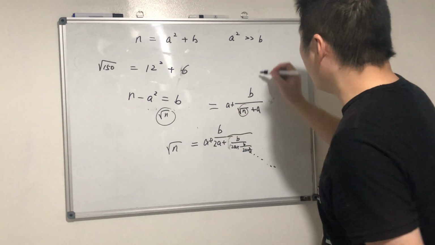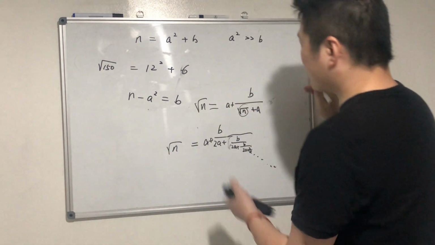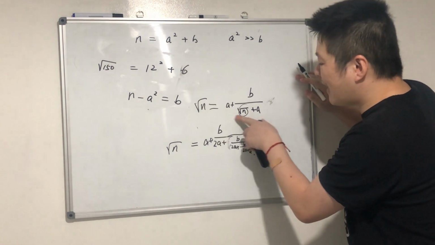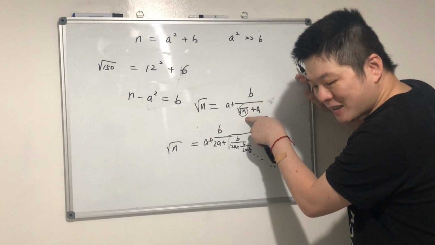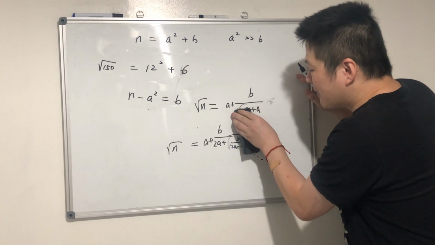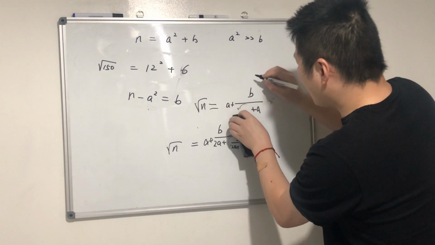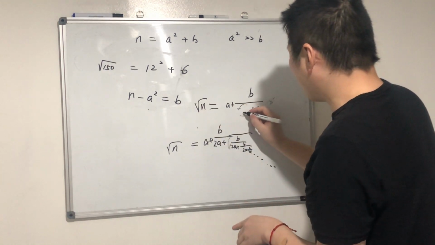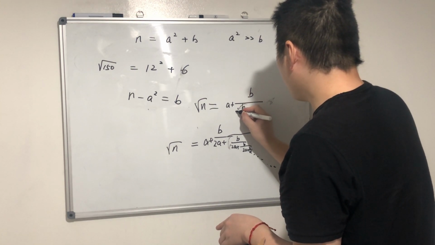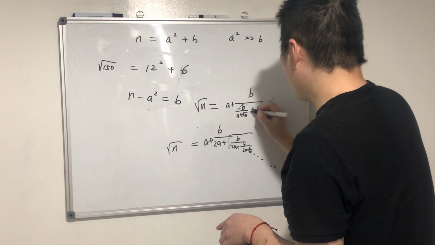Okay, look. Originally, we want to calculate this square root of n, and it has square root of n on the right-hand side. So if I remove this and take this whole thing, square root of n equals b divided by (a plus square root of n), and then plus a.